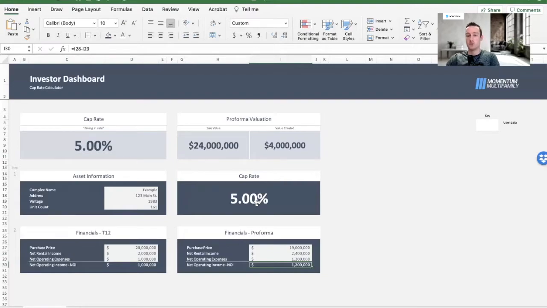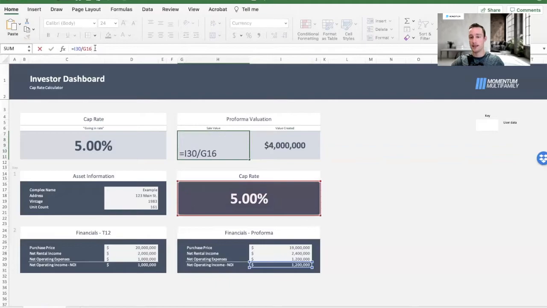Then you can input a cap rate and look at the value created based on different cap rates, and these cells will change accordingly. At a $1.2 million NOI, let's say you've increased the rents and kept expenses relatively low, now you've created $4 million in value, or your property is worth $24 million.